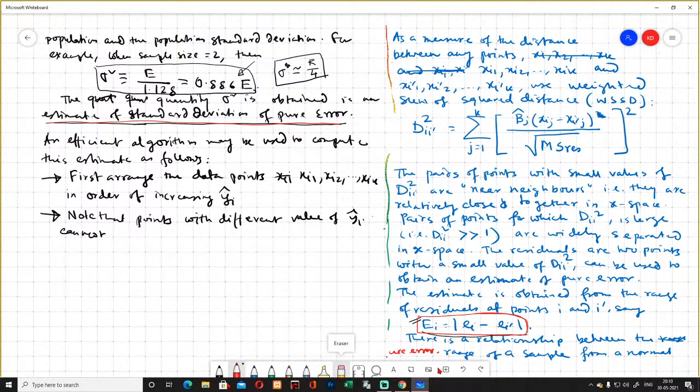Actually, for estimating pure error, you need a replication of y at the ith level of x. Then my question is how the mod value of the difference between two residuals estimates that error.